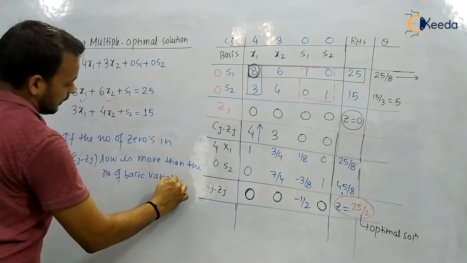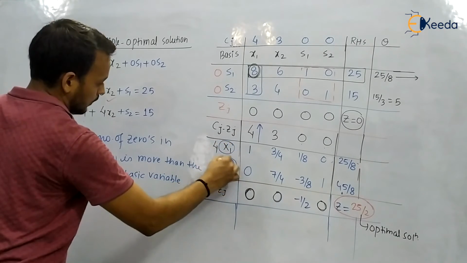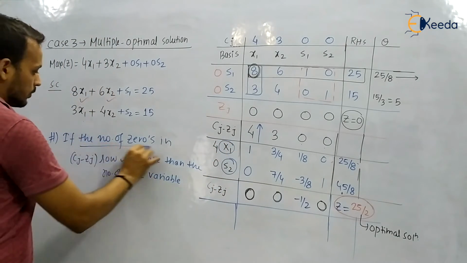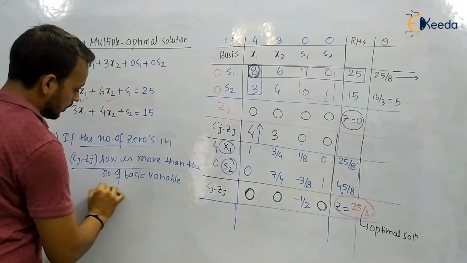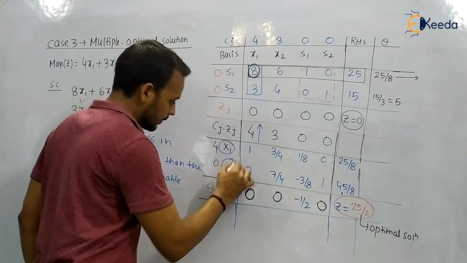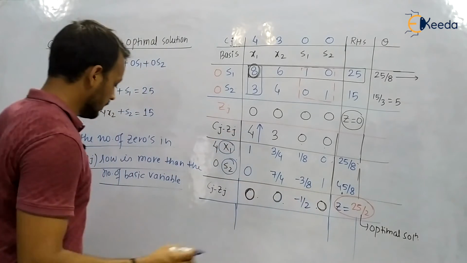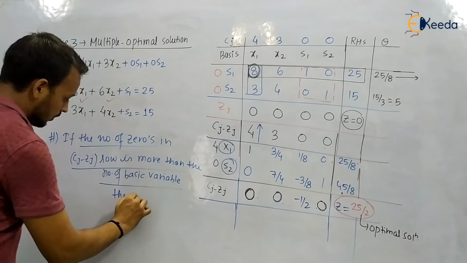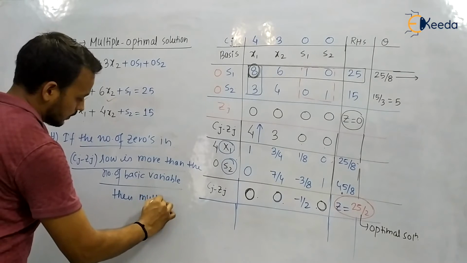How many basic variables are there? You can see x1 and h2, they are two basic variables. And the number of zeros are how many? 3. Then multiple optimal solution will exist.